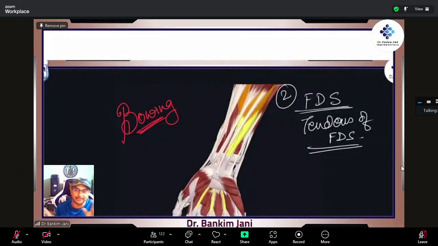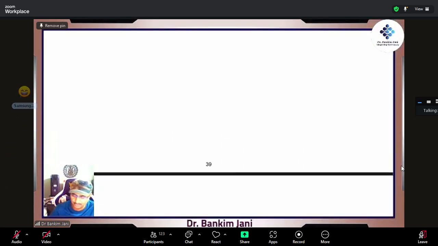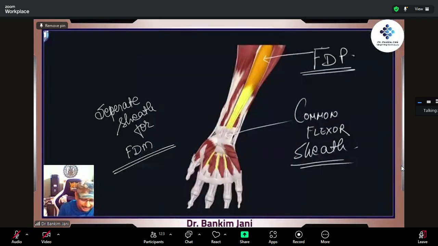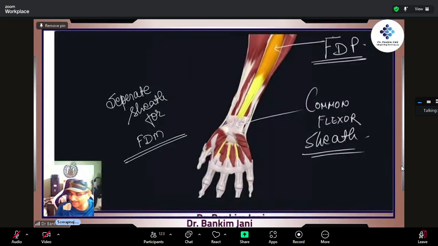It's like wearing socks over shoes. Right? So this is flexor digitorum superficialis, the tendon of FDS. It will go. Then flexor digitorum profundus, it will go. But remember this, flexor digiti minimi is like a princess.